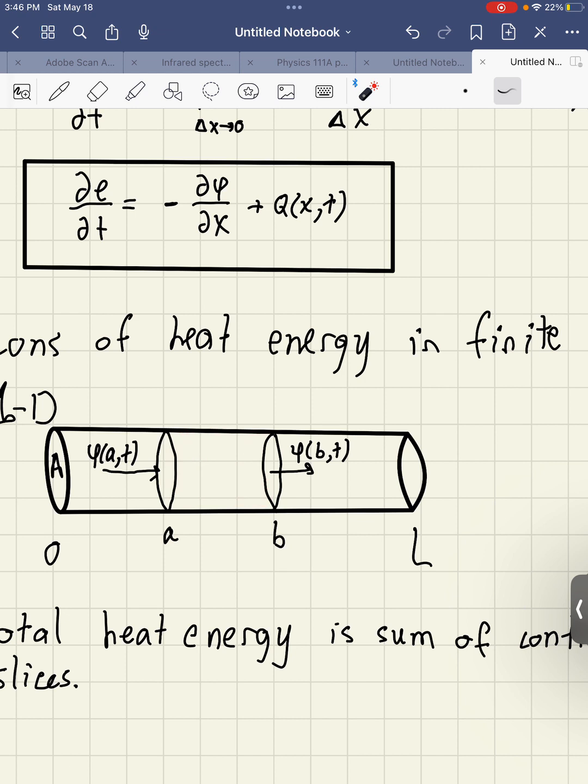To find the total heat energy within this segment, we can't just divide into a number of fragments, because that gives approximate results. To get more accurate results, we have to convert our Riemann sum into an integral.